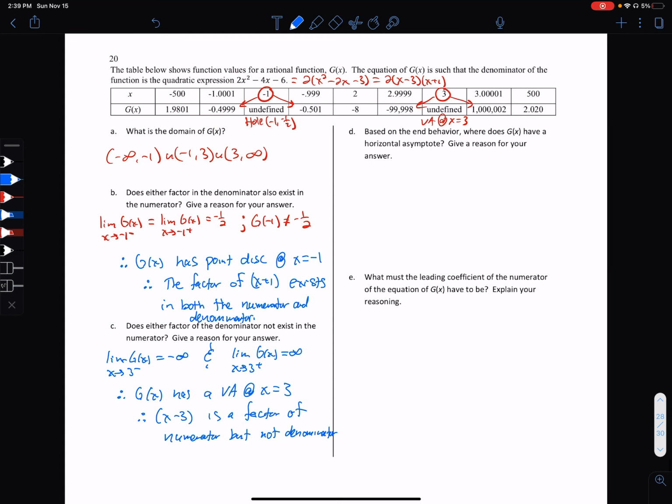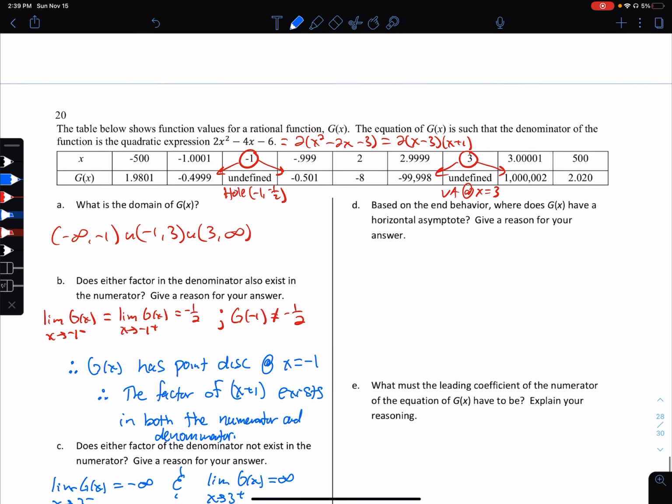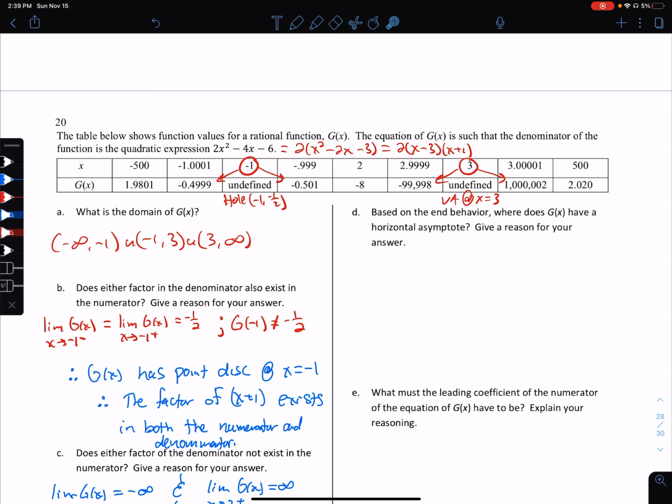Cool. D. Based on the end behavior, where does g of x have a horizontal asymptote? Well, as we move left forever, and 500 negative is not forever, but it's getting relatively large, the limit of g of x as x approaches -infinity looks like it's getting closer to 1.98. Over here, it looks like it's 2.020.